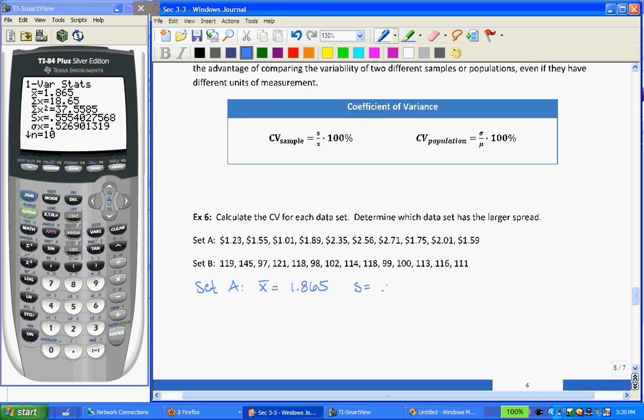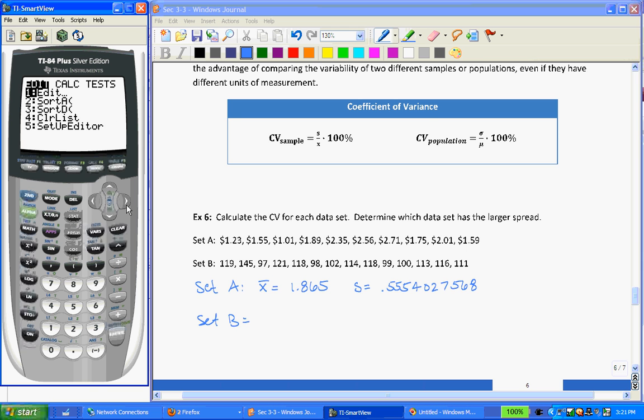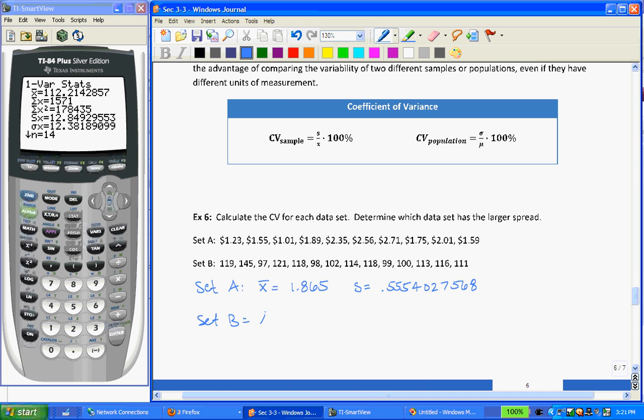The sample standard deviation is 0.555. And I'm going to try to carry as many decimal places of that as I can. And then for set B, so stat, one variable statistics on list 2, X bar is 112.21, some extra decimal places, and the sample standard deviation is 12.84.